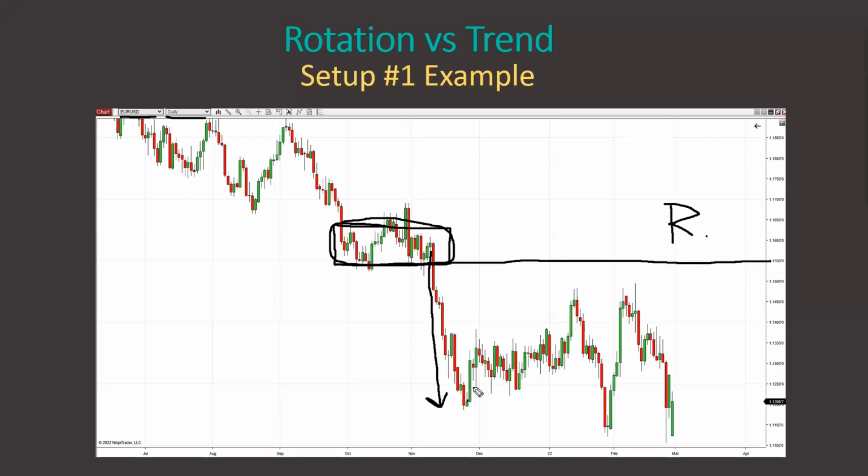What you do next is you wait for the pullback, and it doesn't really matter how long you need to wait because markets have great memory. So you just wait for the pullback, and when the price finally reaches that place, then you go short from there, right?